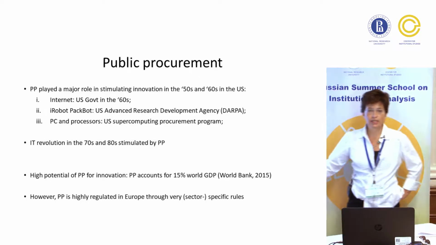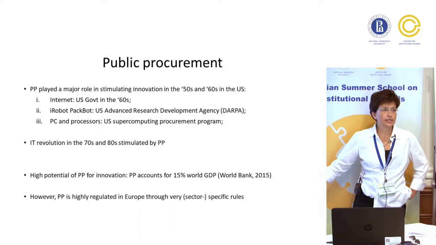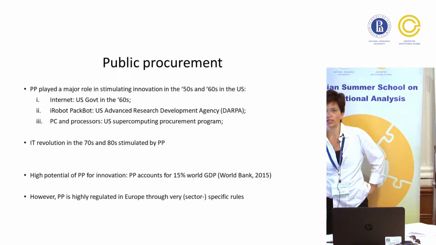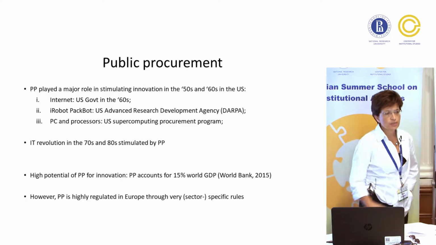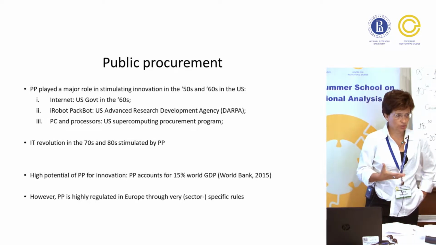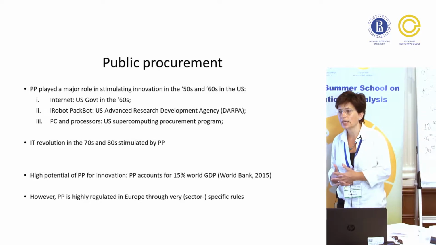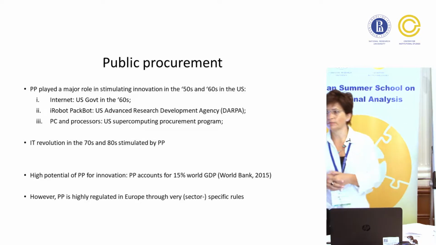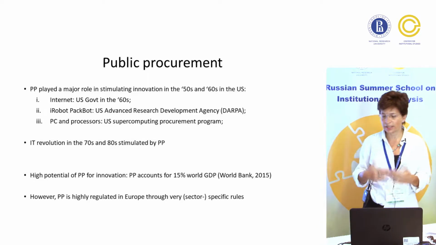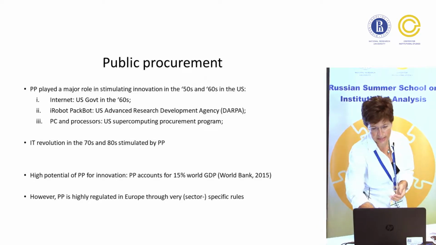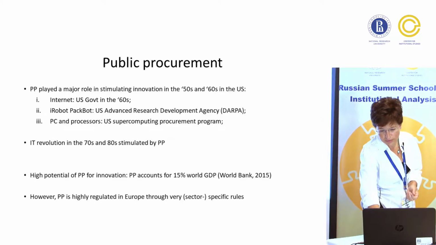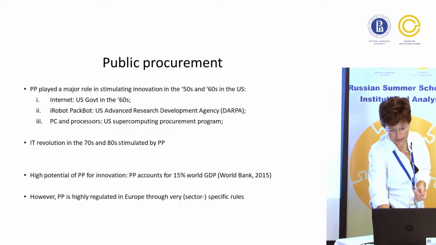But the issue is that, as we know, public procurement is a very regulated process, and so it has very specific rules, and this could really be an obstacle in designing this kind of incentives.